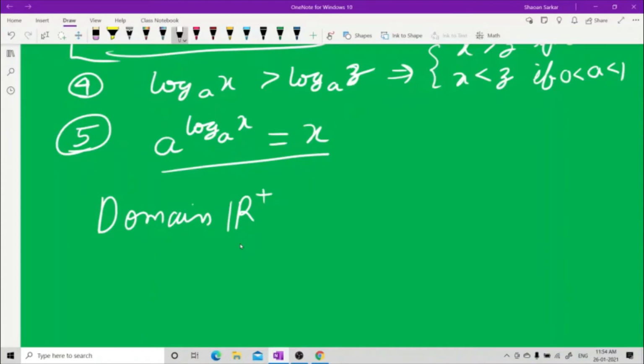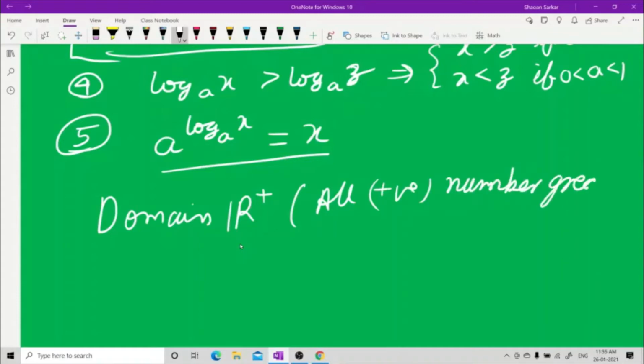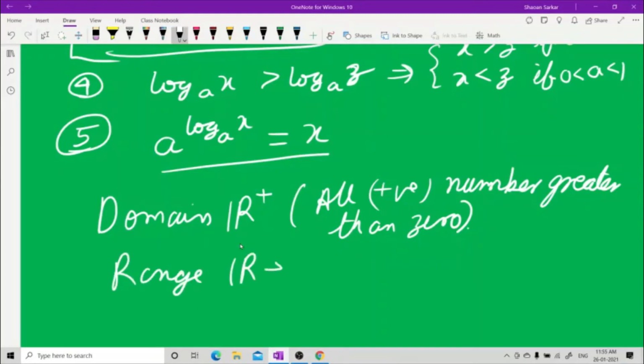This R plus means all positive numbers, greater than 0 for log, and the range here in this case is complete R, that is from minus infinity to plus infinity.